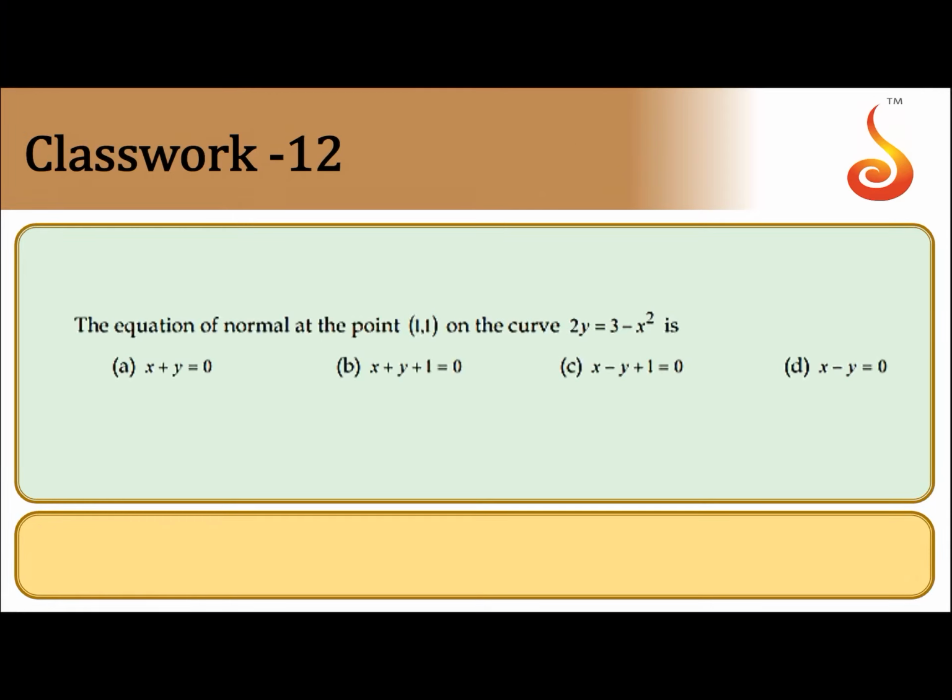Coming to the next one. The equation of the normal at point (1, 1) to the curve 2y equals 3 minus x square. Clear?